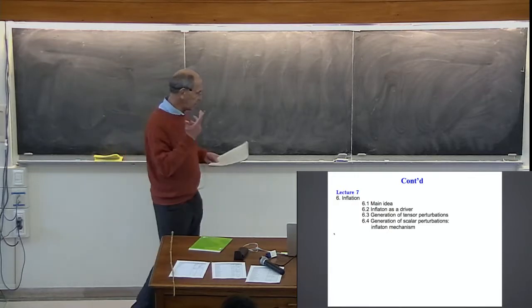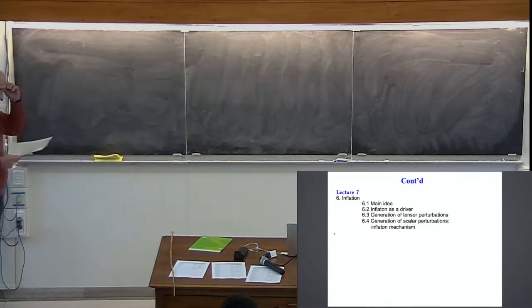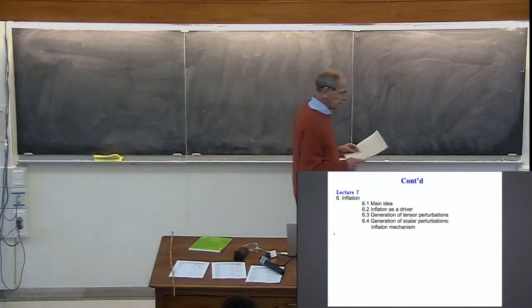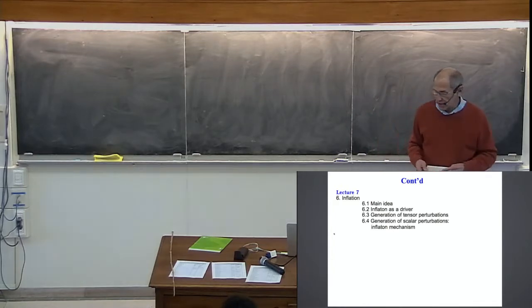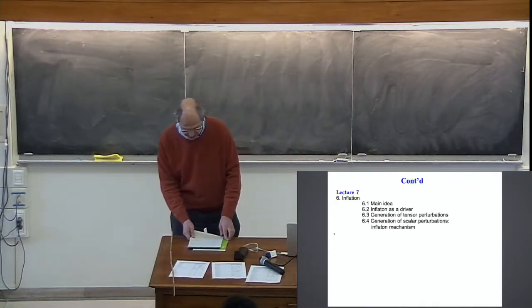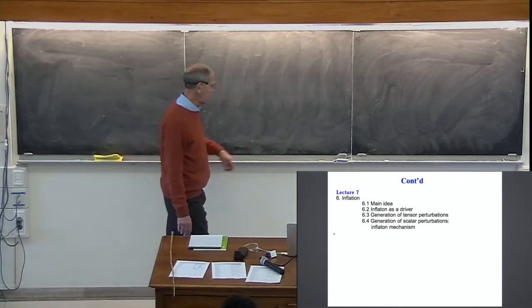But inflation is precisely the mechanism that produces for you the long epoch, long in the sense that the entire visible universe becomes causally connected, and there is enough possibility to generate perturbations.